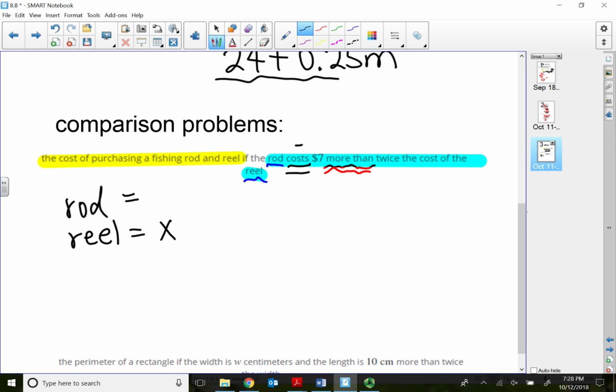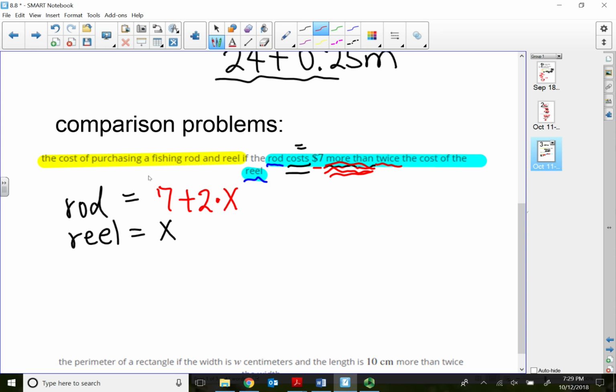Cost is like the word equal sign. So here I've got rod equals. When I see 7, I write 7. When I see more than, I write plus. When I see the word twice, I write 2 times. 7 more than 2 times who? 2 times the reel. And I already call the reel x. So that would be 2 times x.